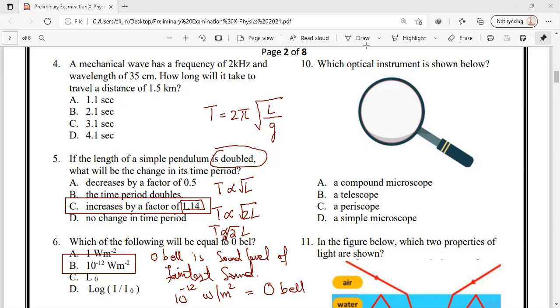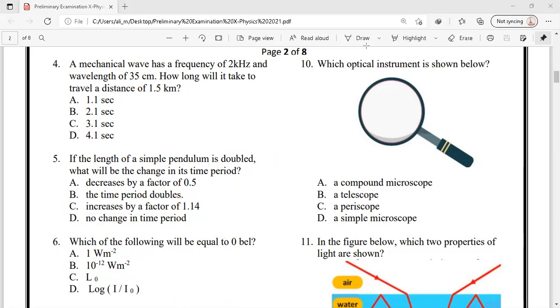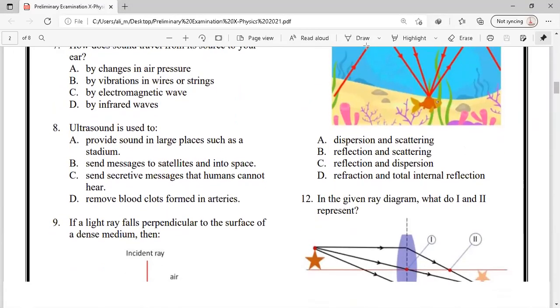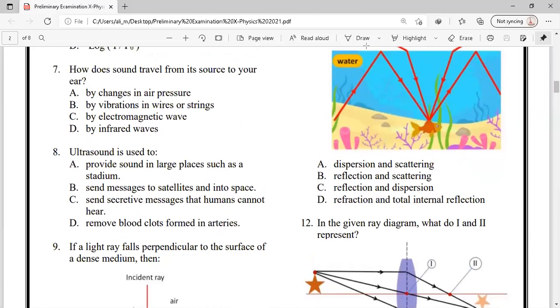So these were the questions 5 and 6. Let's move to our next questions, question number 7 and 8. In 7, how does the sound travel from its source to your ears? So sound, as we know, is a type of mechanical wave of longitudinal nature, and these types of waves require a medium to propagate.